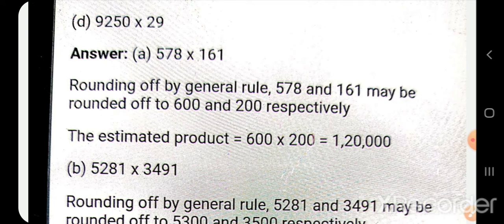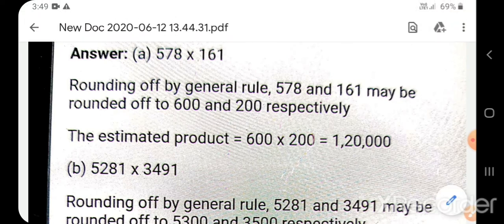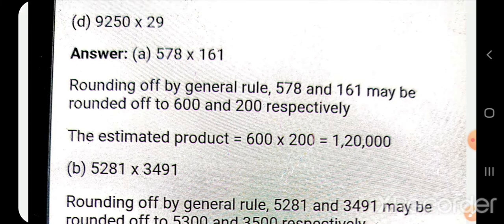Then 161 may be rounded off as 200 because 161 is between 100 and 200, and 200 is nearer than 100. So 161 may be rounded off to 200.